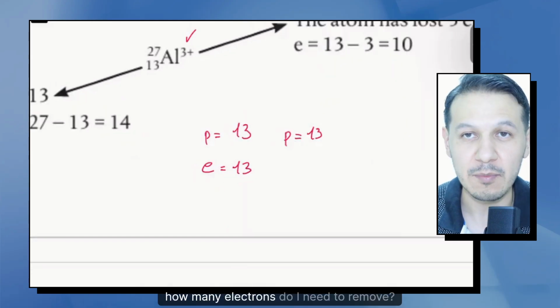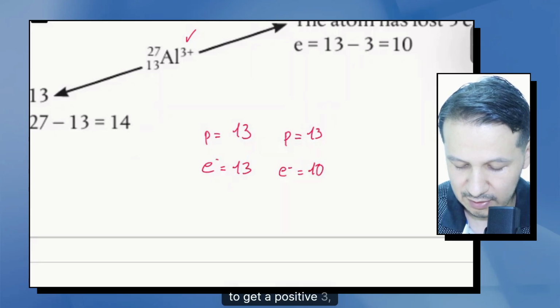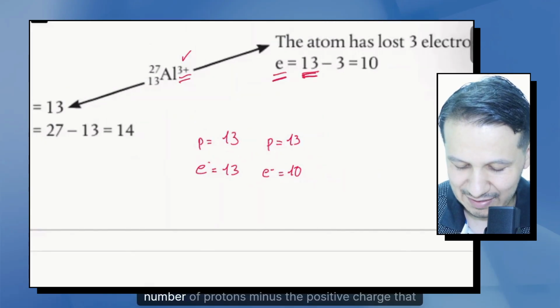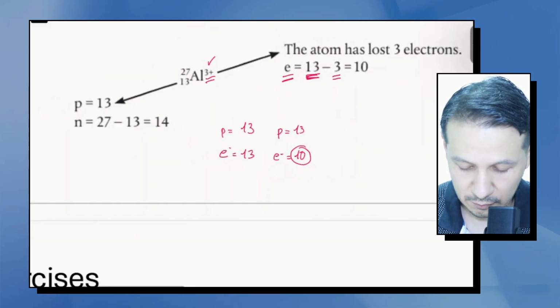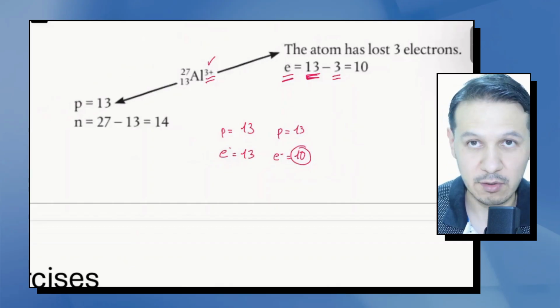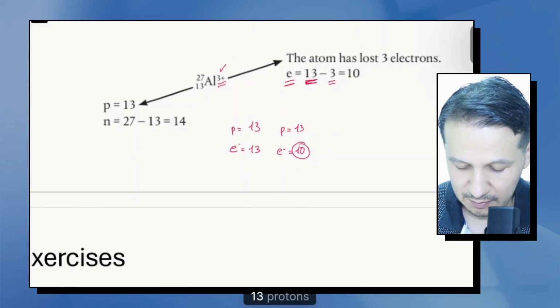How many electrons do I need to remove? 3 electrons, to get a positive 3, you see? The number of protons minus the positive charge gives 10 electrons. So the atom has lost 3 electrons. That's why we have 13 protons and 10 electrons.